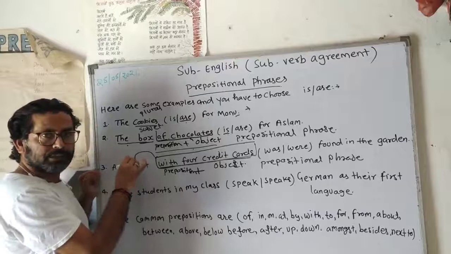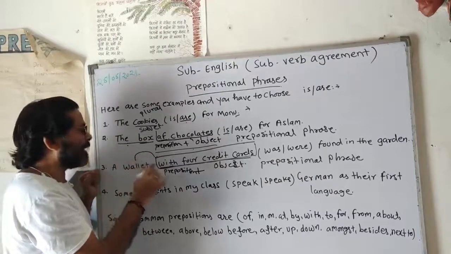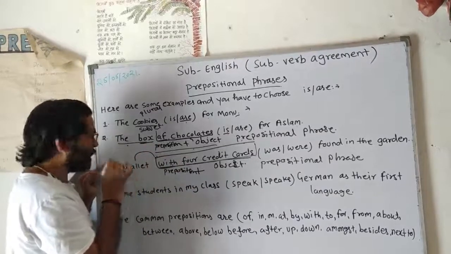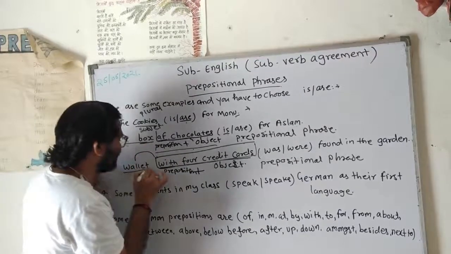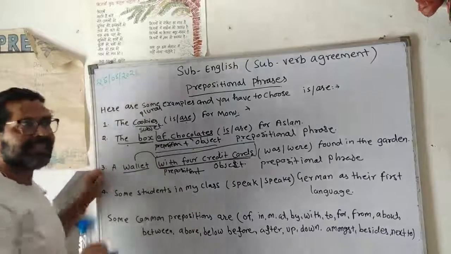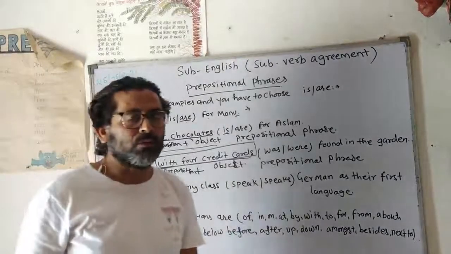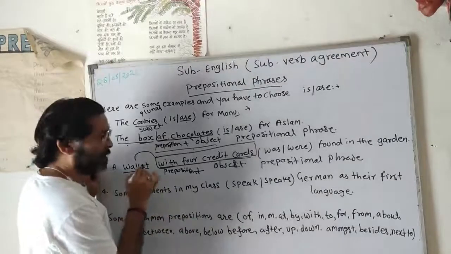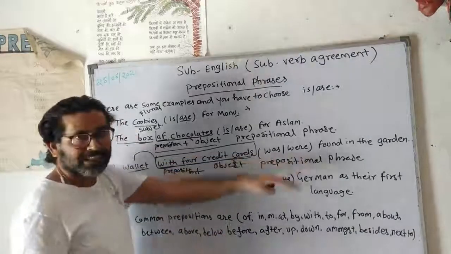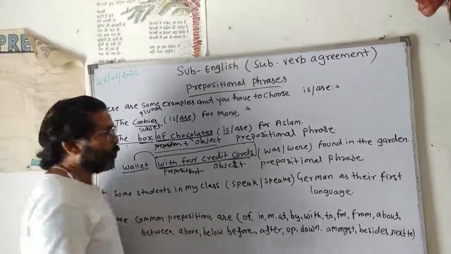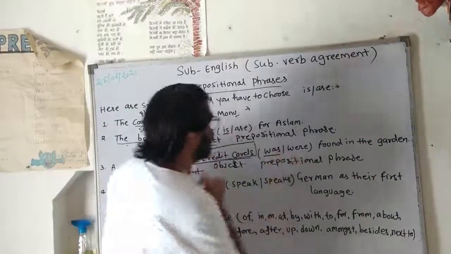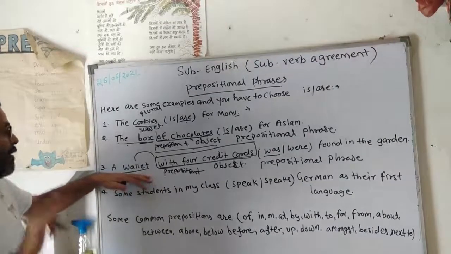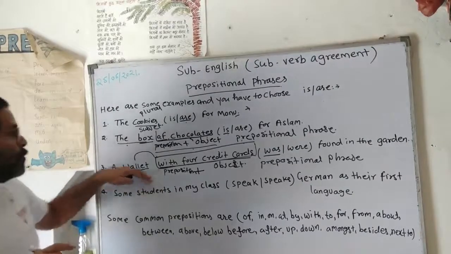A wallet. Where are the 4 credit cards? In a wallet. So what is the subject here? Wallet is the subject. And is wallet singular or plural? Wallet is singular. So what would be the correct verb in this sentence? Was or were? Was would be the correct verb, because the subject is singular, and with a singular subject we use was.